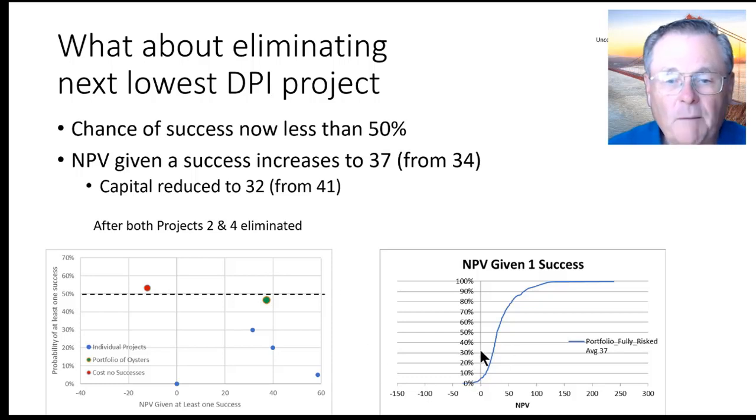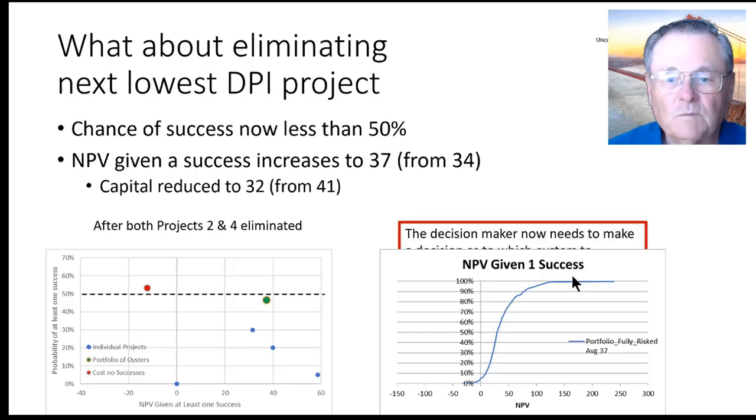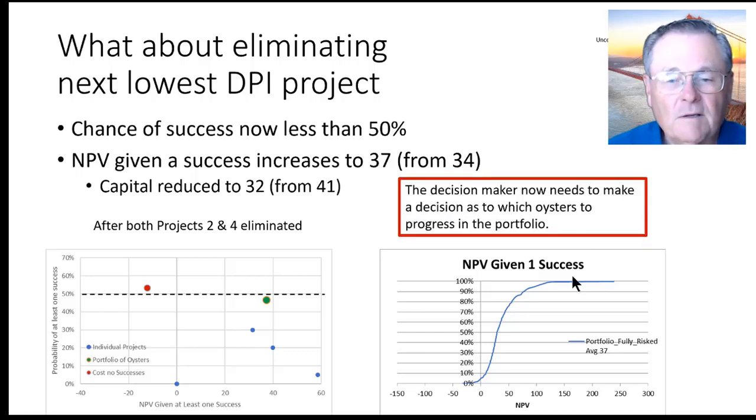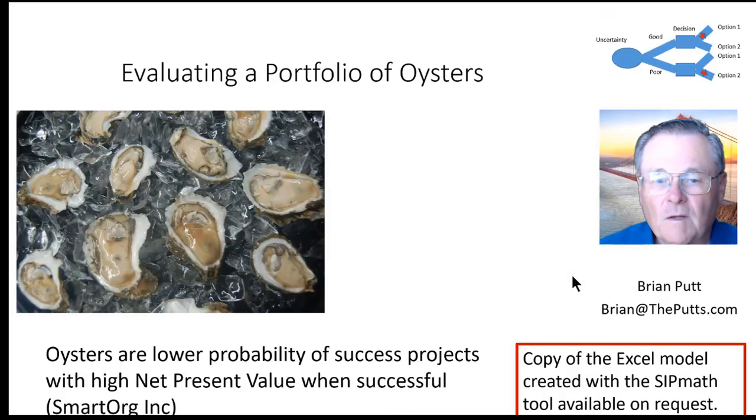The overall NPV curve is not changed a whole lot. This analysis doesn't give us all the answers. The decision maker still has to make a decision on which projects to include and execute.